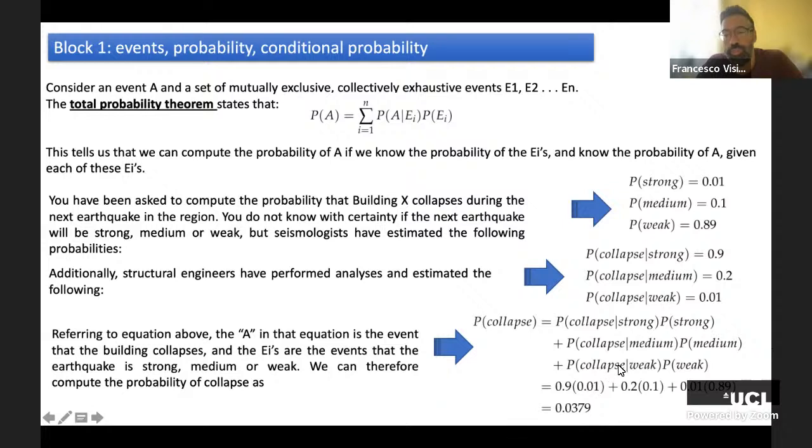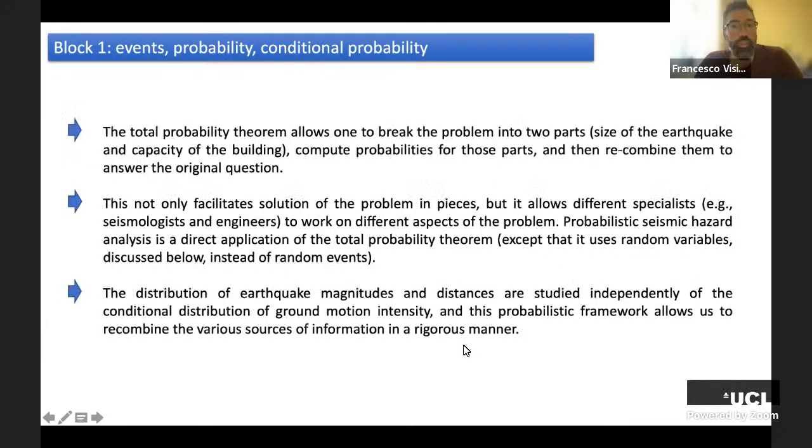So at the end, we can easily use the numbers that seismologists, geologists, and engineers gave us to calculate the total probability of collapse. The total probability theorem allows us to break the problem into two parts.